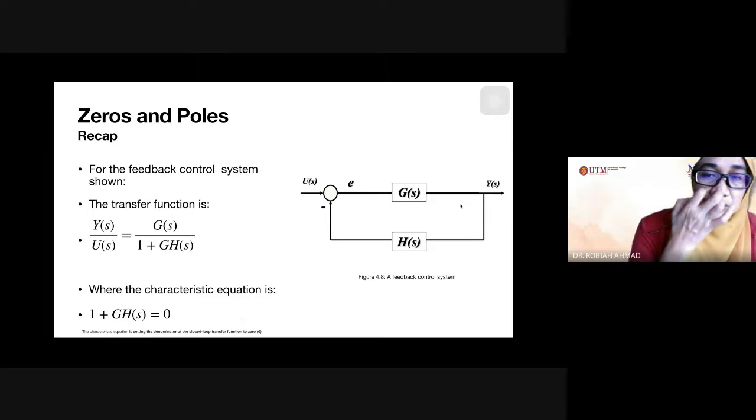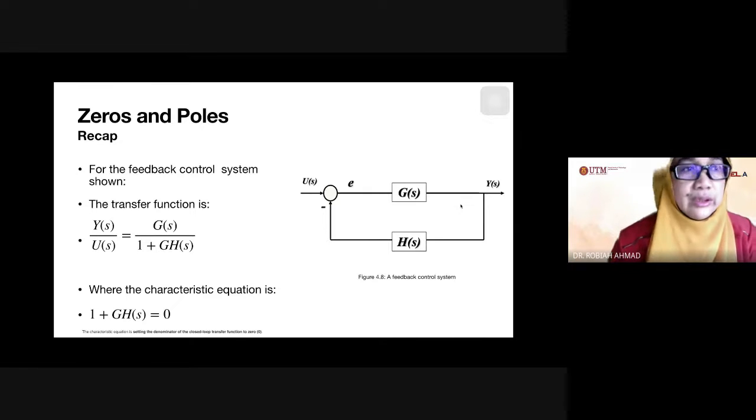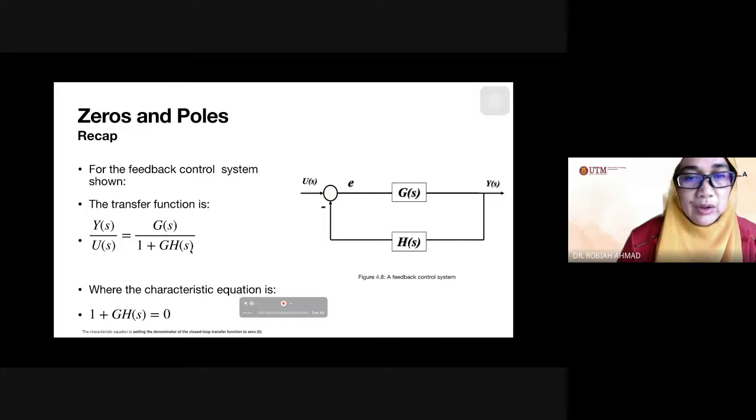From the block diagram manipulations, you learn how to reduce a block diagram of a few components of a system into the basic control system. So the common transfer function of a feedback control system is, the output over the input will be G(s) over 1 plus G(s)H(s).